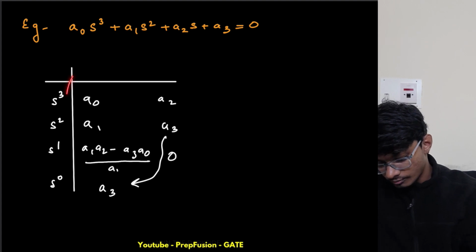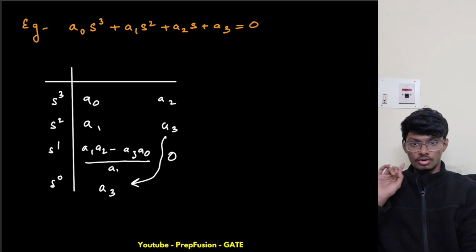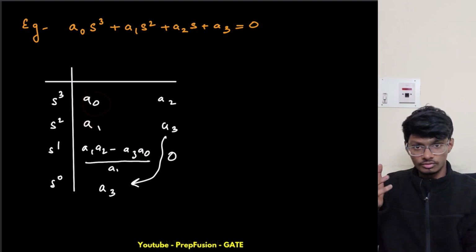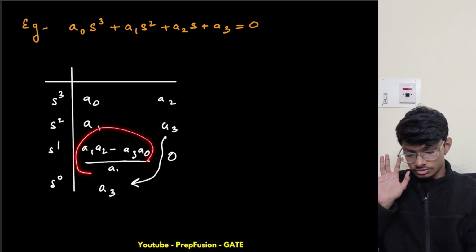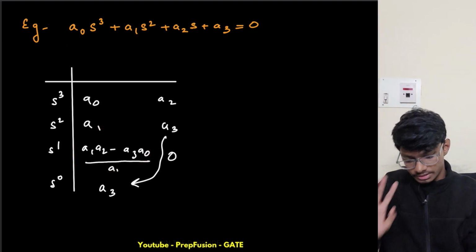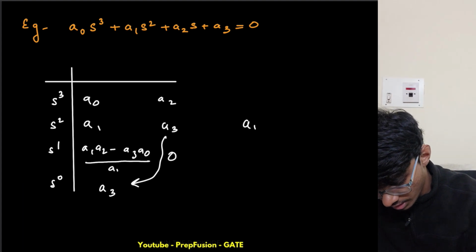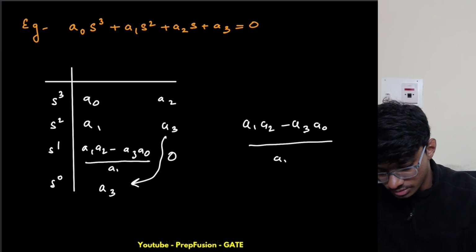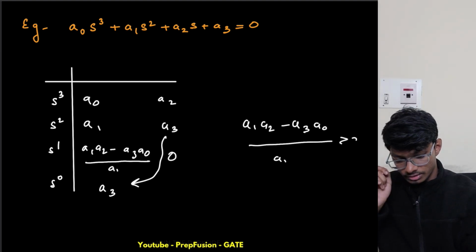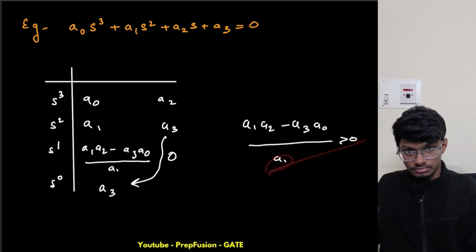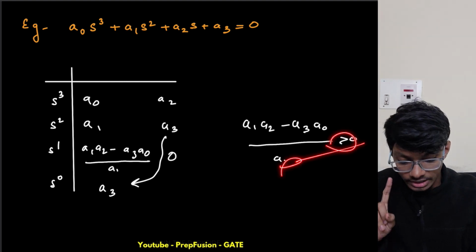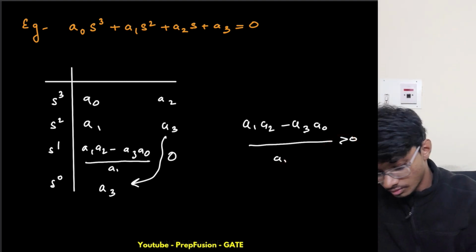So here the first column of my Routh table must be positive, the same sign. a0 and a1 I know are positive, I'm assuming they are positive, so this also must be greater than 0. So a1 a2 minus a3 a0 should be non-zero and greater than 0. Since a1 is positive, I can simply multiply and my inequality sign won't change.